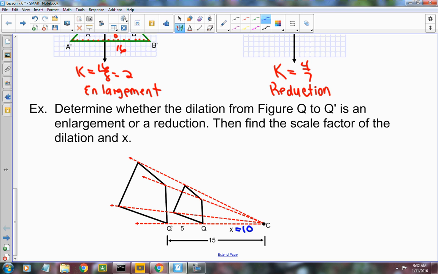Which is, what's this image distance from the center of dilation? 15. And this Q's distance to the center of dilation is 10, right? And so then this reduces to be what? 3 over 2. Okay? So that's the scale factor, 3 over 2, which is 1.5, right? That's greater than 1. It is an enlargement, so we're good, right? Okay.